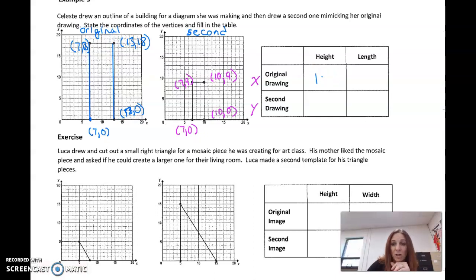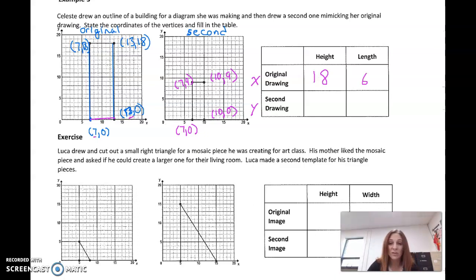And I'm going to try to draw with the actual drawing tool. All right, and its length on the original drawing here, that's the distance from here to here. Now this is where it can get a little confusing because we actually have to count. We're going over 1, 2, 3, 4, 5, 6. Or you can look at it as we're going from 7 to 13. That's still going over 6.